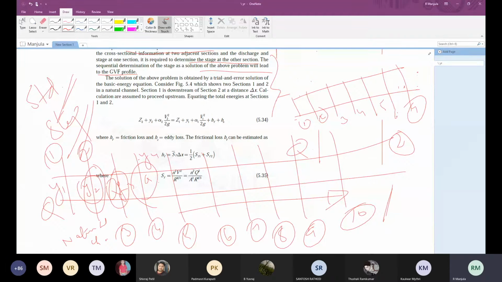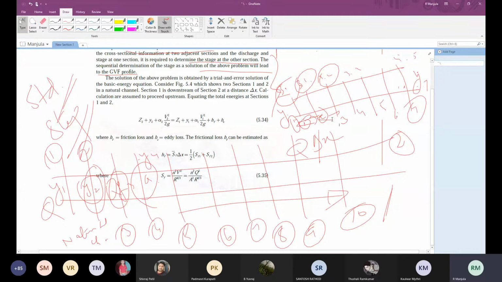I am dividing the depth of flow, Y1 to Y7 or Y8, and because you know the control at the downstream, you'll be able to find the normal depth at this point and this point. Then you divide the depth uniformly with some intervals, say 3 meter means 3.1, 3.2, 3.3, 3.4 up to 4.5 meter. Like this you divide the depth, and what you find out is your delta x, the distance between the neighboring sections.